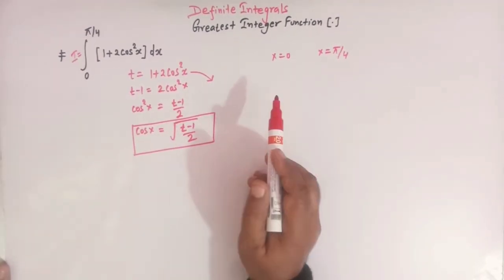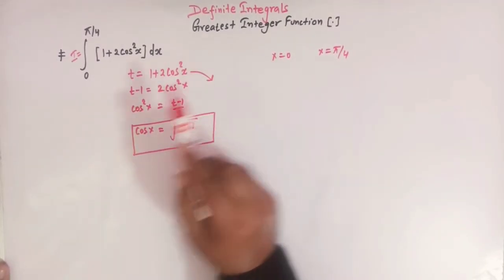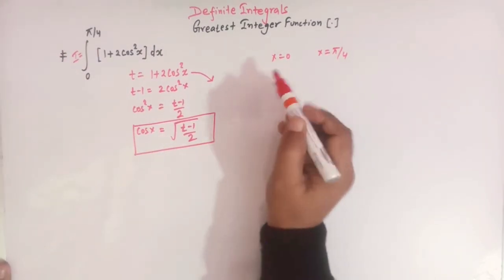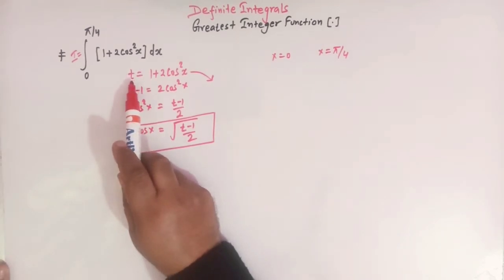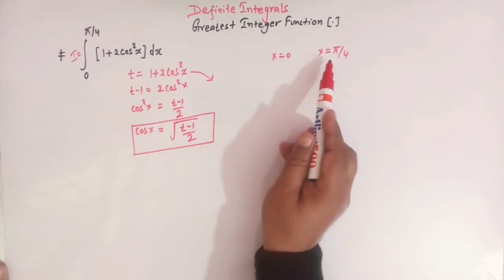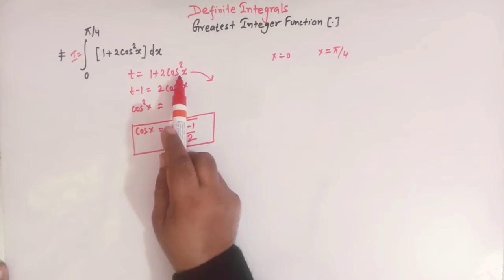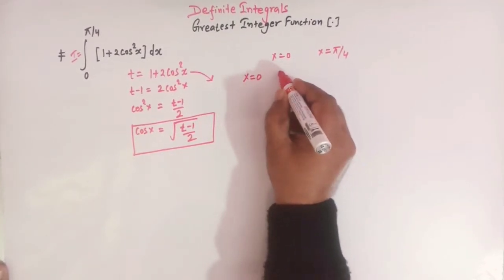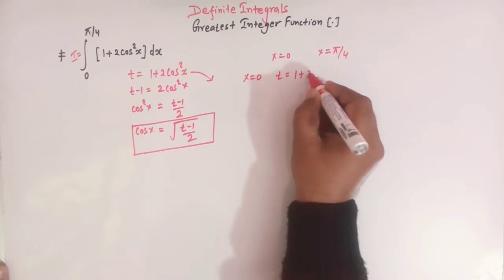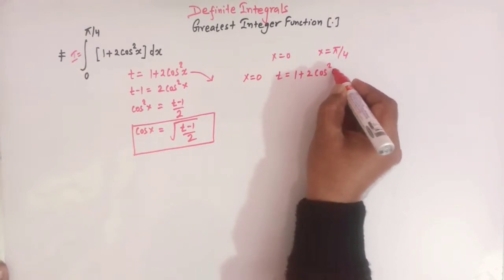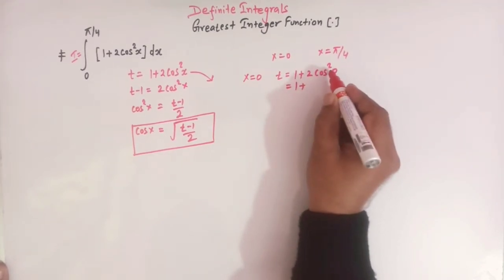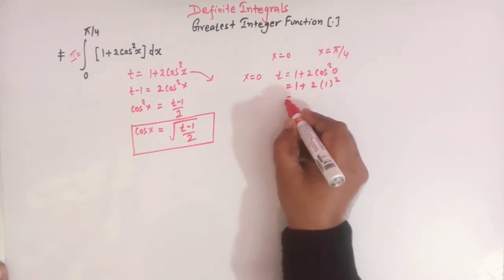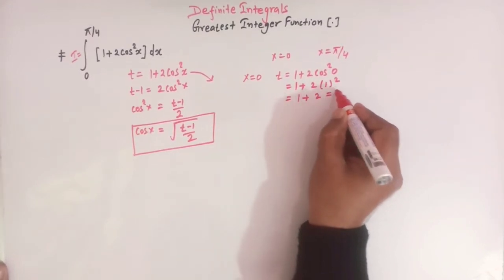Now the limits of integration vary from x is equal to 0 to pi by 4. To calculate the value of t, we will substitute these values in this expression. When x is equal to 0, t is 1 plus 2 times cos square 0, and cos 0 is 1, so we have 1 plus 2, that is 3.